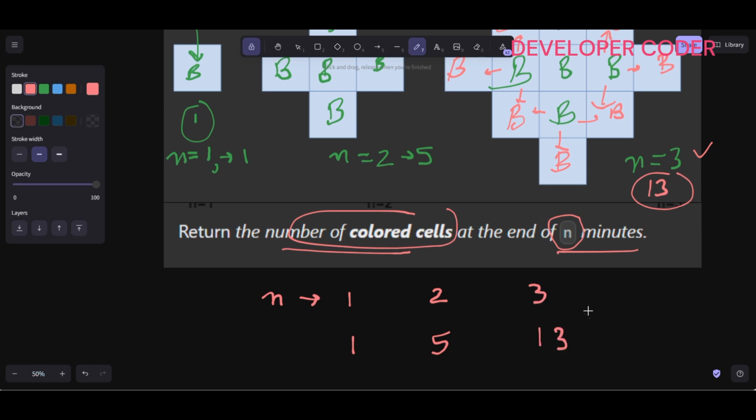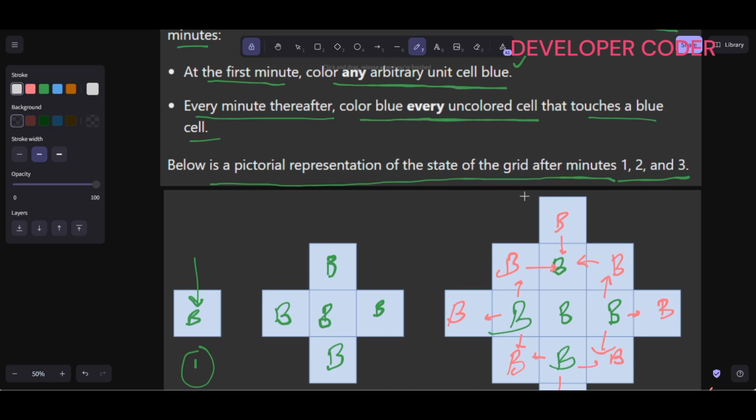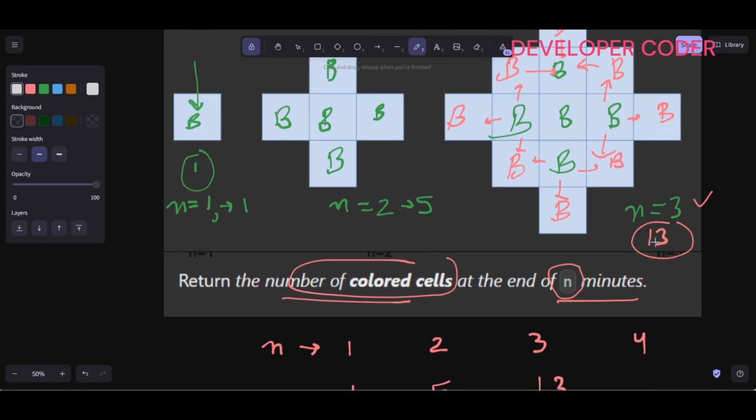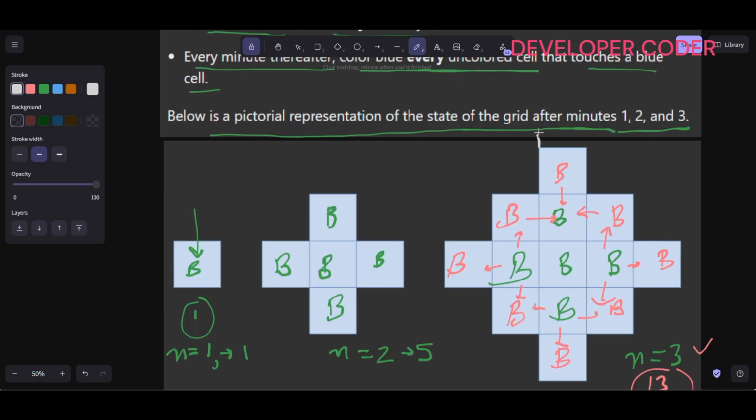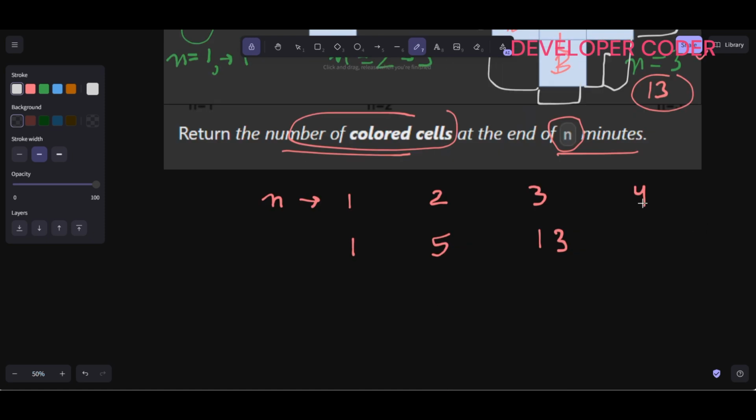Then if you calculate for n is equal to 4, total of 13 cells are right here. So here I will add 1, so 14, 15, 16, 17, 18, 19, 20, 21, 22, 23, 24 and 25. So for n is equal to 4, my output is going to be 25.